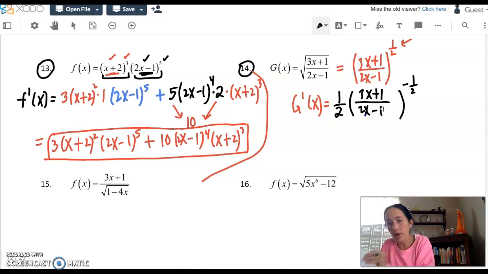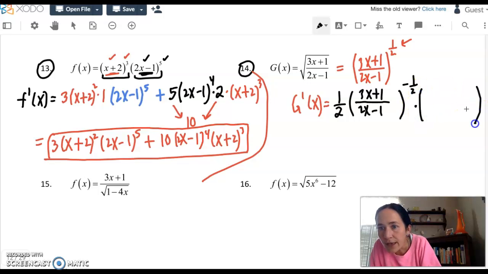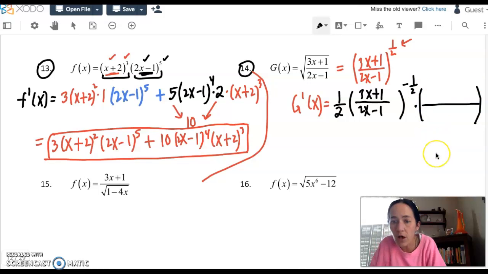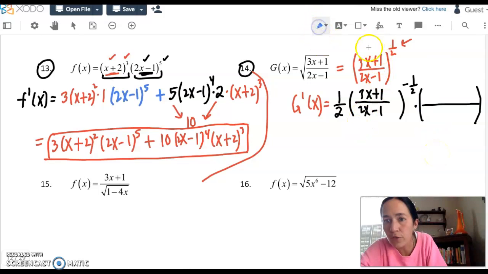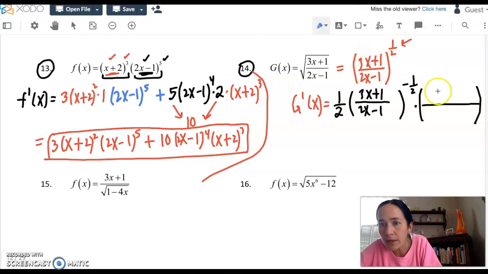Okay. Next part, times. Now let's go inside. And I think your best bet is to do a slow and careful quotient rule on the inside of this function. So we had 3x plus 1 up top, and the derivative of that is the number 3. Next to it, let's put the 2x minus 1 normal. So 2x minus 1.